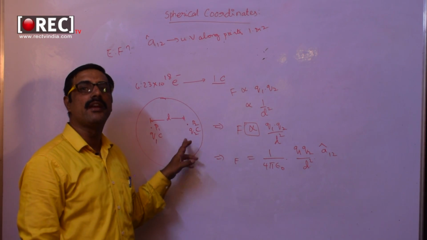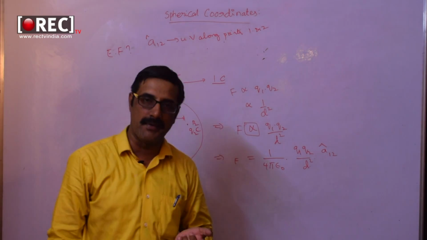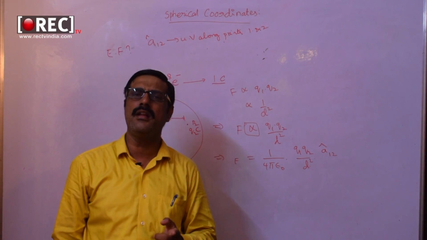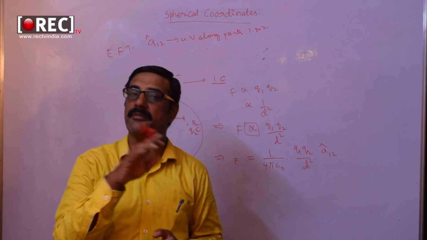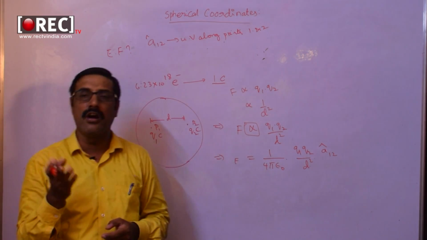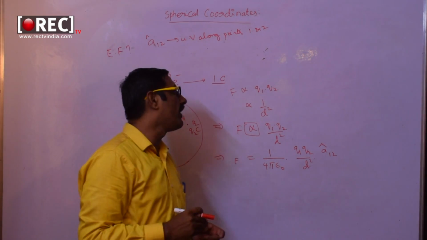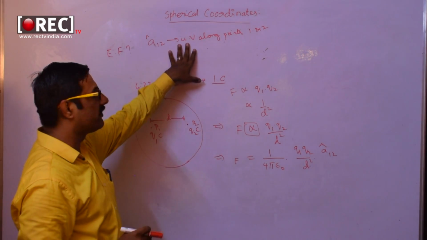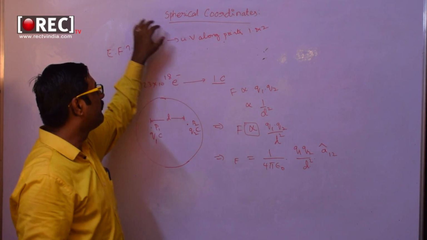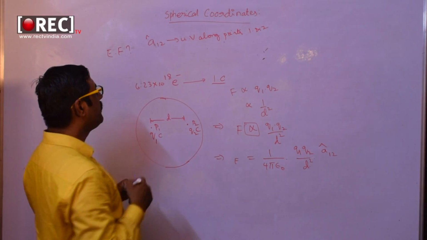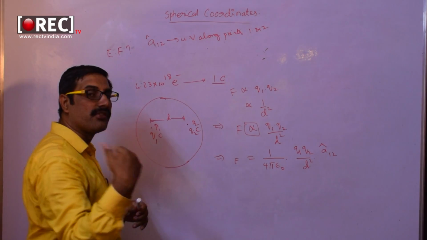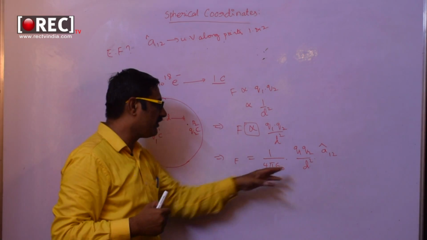That is, we are going to get a formula x2 minus x1 into i bar plus y2 minus y1 into j bar plus z2 minus z1 into k bar divided by its magnitude, which is under root of x2 minus x1 whole square plus y2 minus y1 whole square plus z2 minus z1 whole square. So that unit vector is to be determined for determining A12 cap. So simply after determining A12 cap, which gives the direction of the force, next substitute in this formula.